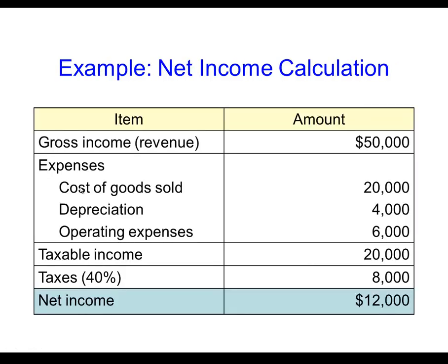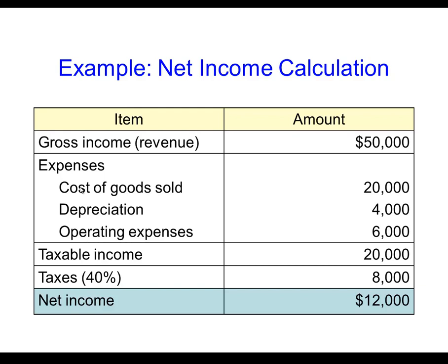This is an example that shows how to calculate the net income. If the gross income estimated by the company for the first year is equal to $50,000 and the cost of goods sold is $20,000, depreciation is $4,000, and operating expenses is $6,000, subtracting the expenses from the gross income, we will get $20,000, which will be the taxable income.